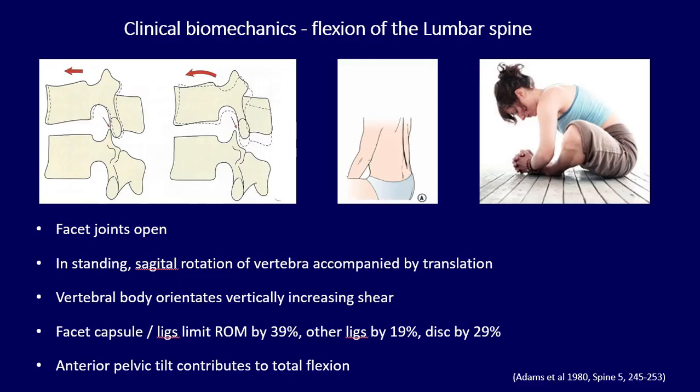The other ligaments, the interspinous and supraspinous ligaments, limit less by about 20%, and the disc itself will limit by about 30%. When the muscles are active, the muscles themselves will limit movement through elastic recoil and through muscle active contraction.